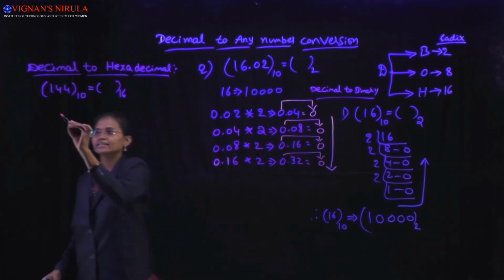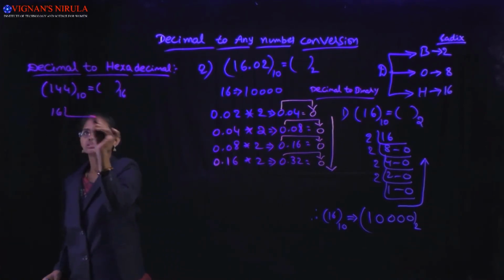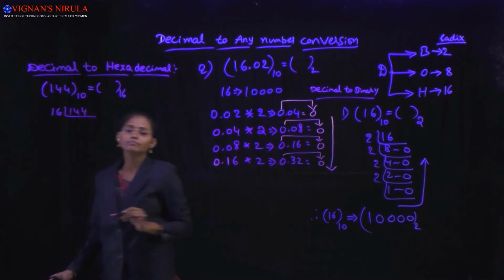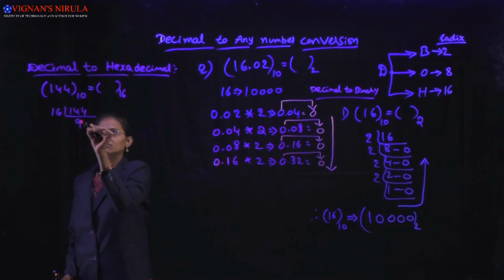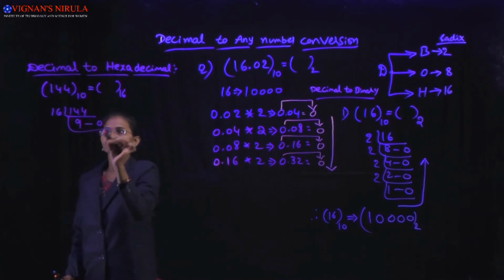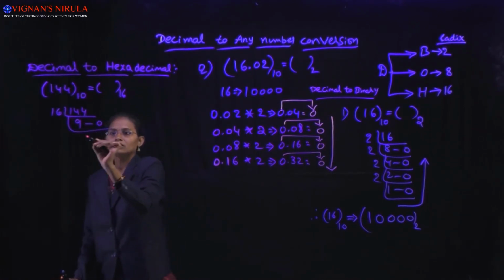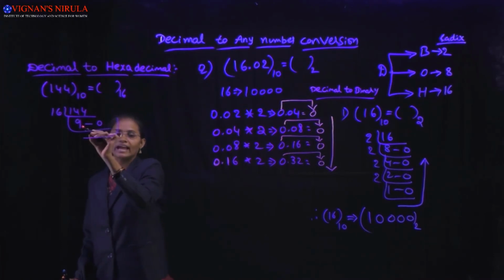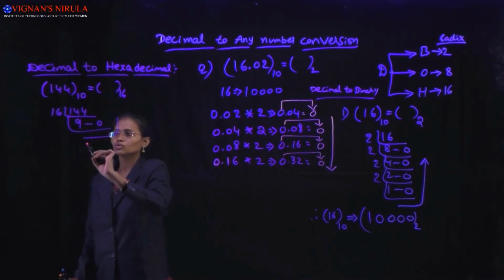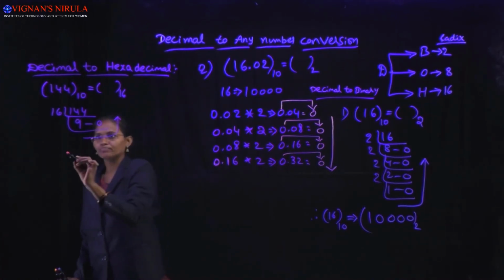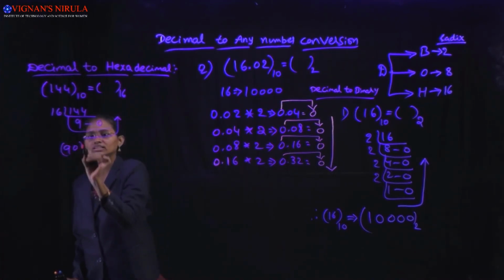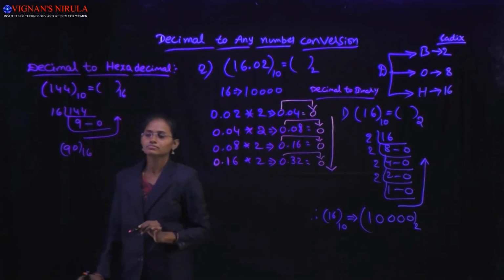Again we divide by 16, 16 nines are 144, remainder 0. Here 9 is less than 16, so you can stop here, then you write from top to bottom, that is 90 in hexadecimal.